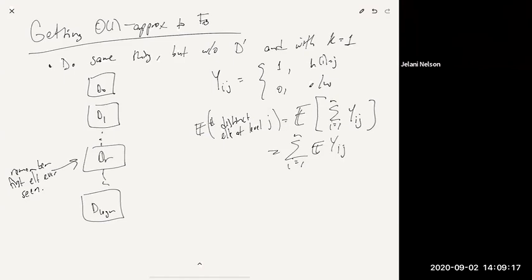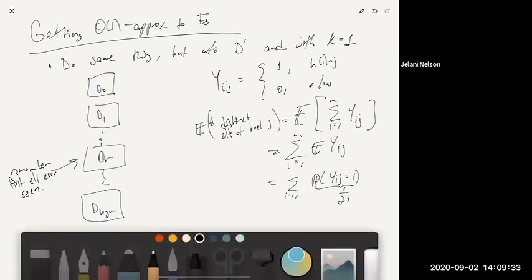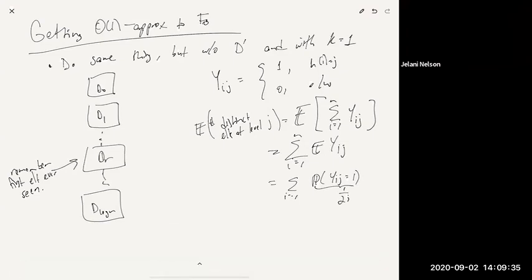And what's the expectation of y_ij? It's just the probability that y_ij equals 1, and of course this is 1 over 2 to the j. And actually, this is not i equals 1 to n. I should really say this is more like i equals 1 to f0.